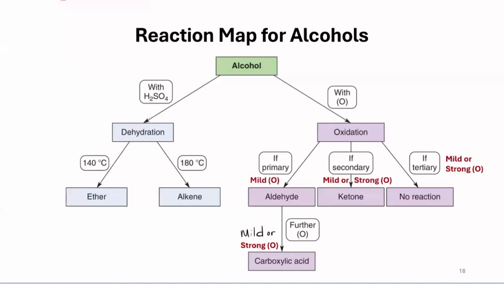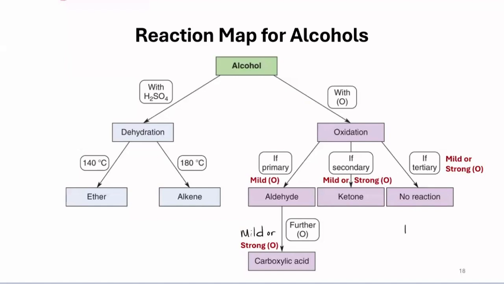And lastly, if your molecule has a tertiary alcohol, it doesn't matter if you're exposed to mild oxidation or strong oxidation, there is no reaction. That means that the product of the reaction will remain as a tertiary alcohol. Let me write an example.